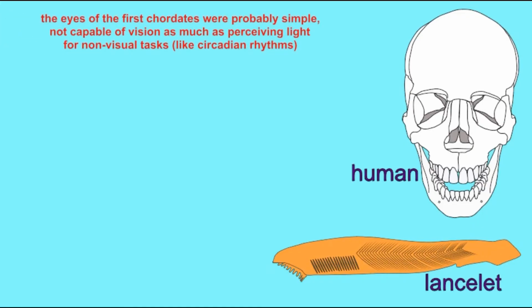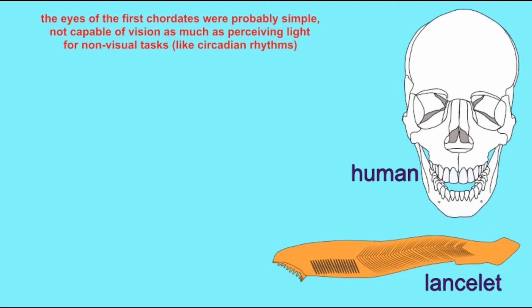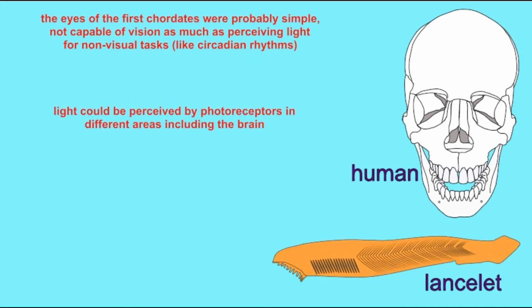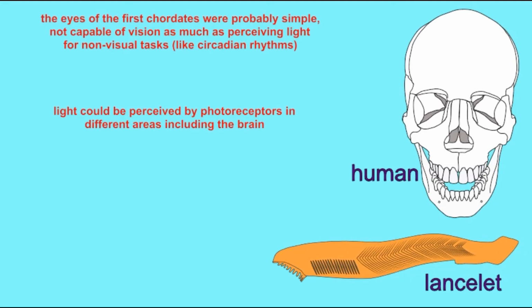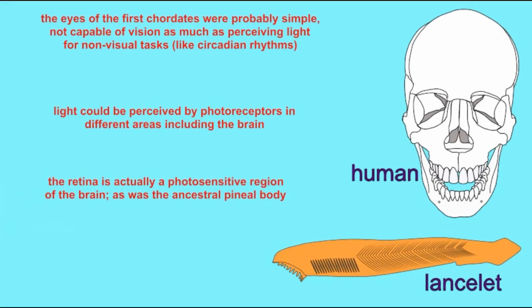Ancestral chordates, like the primitive chordates today, did not possess complex lateral eyes capable of vision, nor would their simple brains be capable of processing vision.